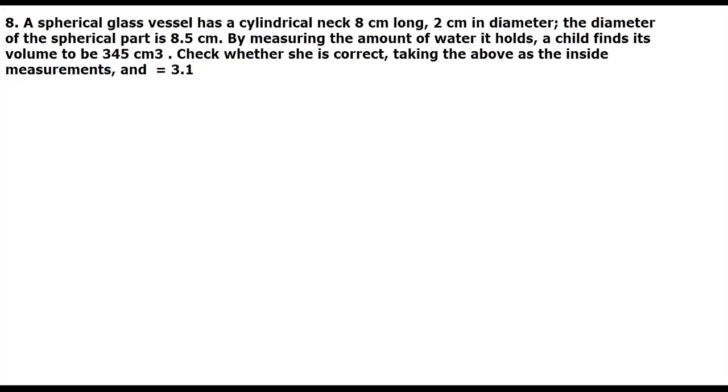A spherical vessel with a cylindrical neck 8 centimeter long and 2 centimeter diameter. The diameter of the spherical part is 8.5 centimeter. By measuring the amount of water it holds, a child finds its volume to be 345 cubic centimeter. Check whether she is correct, taking the above as the inside measurement, and pi is equal to 3.14.